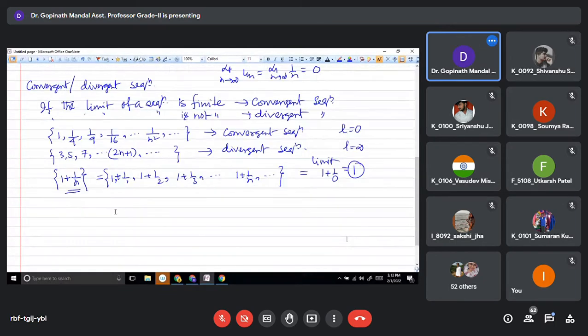Next, bounded sequence. What is bounded sequence?